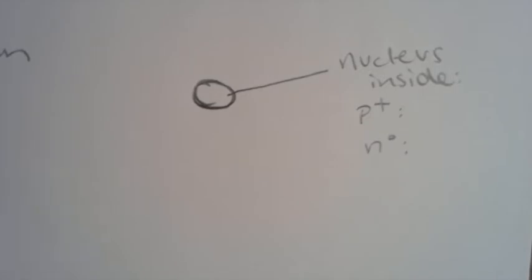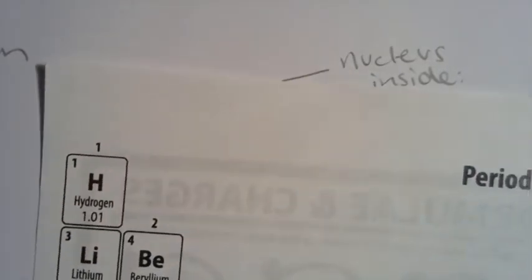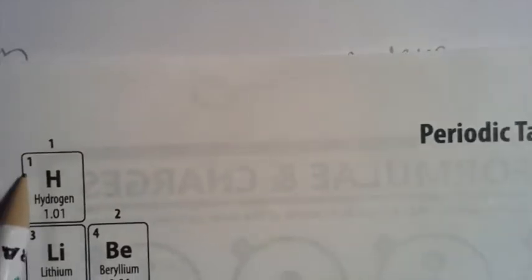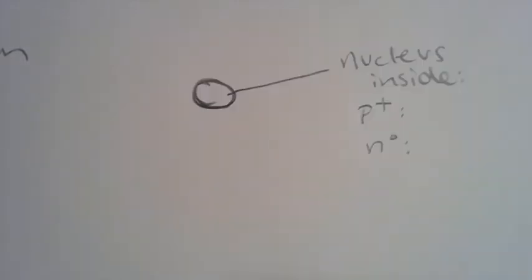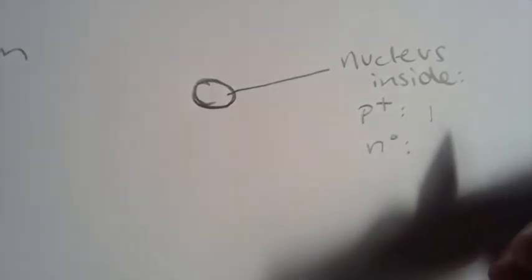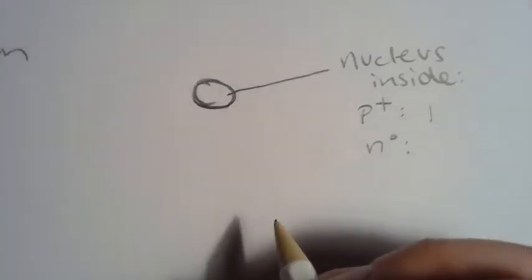So here's our box, there's our hydrogen. That number up in the top corner is how many protons. Alright, so we've got 1 proton in hydrogen. We did choose a relatively simple atom here. We've got 1 proton. And how many neutrons?